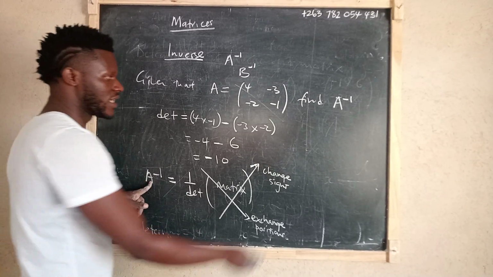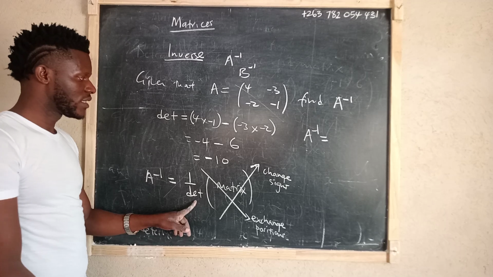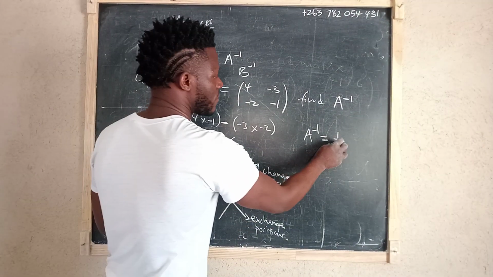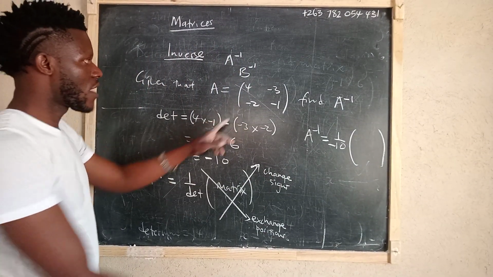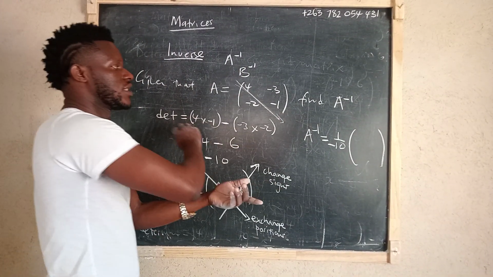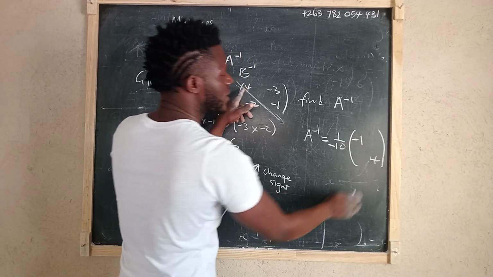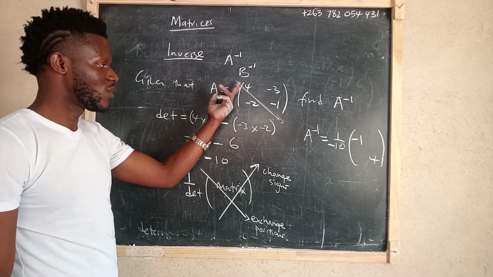So now let me present the inverse. Inverse of A equals to 1 over determinant, the determinant is negative 10. Then we present the matrix. But in this matrix now, major diagonal numbers exchange, that is minus 1 and 4. They exchange the positions. Always in major diagonal, numbers exchange positions.